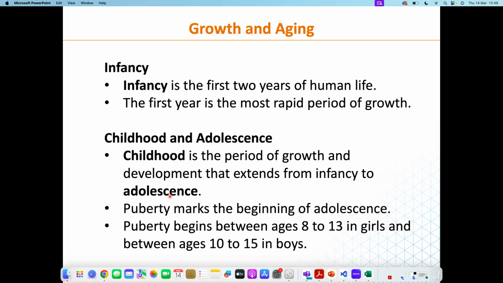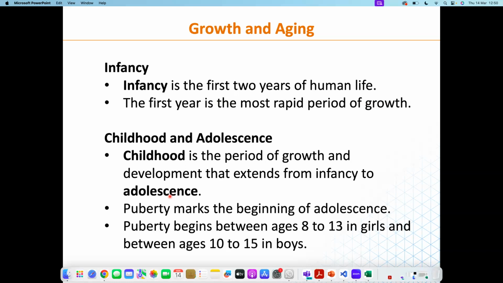A baby born now at about 4 kg, if you see the baby after 2 to 3 weeks, will have put on weight up to about 7 kilograms, due to eating a lot and taking a lot of breast milk. So it is a rapid period, and in the first year the baby grows very, very rapidly. If someone asks you what infancy is, it is the first 2 years of human life.